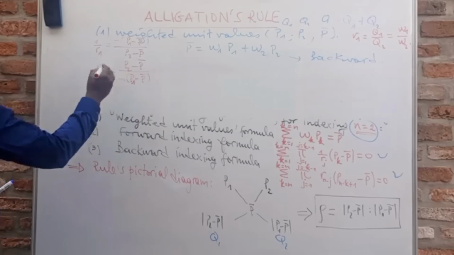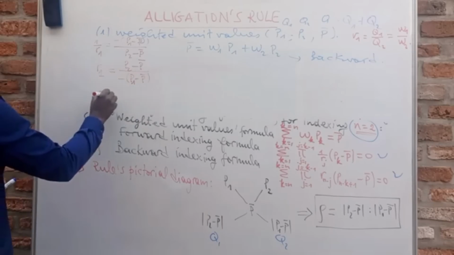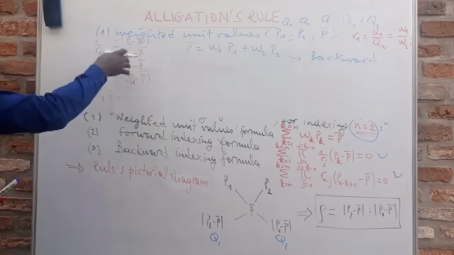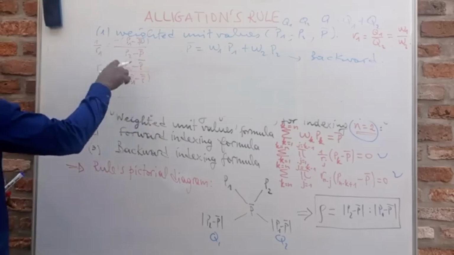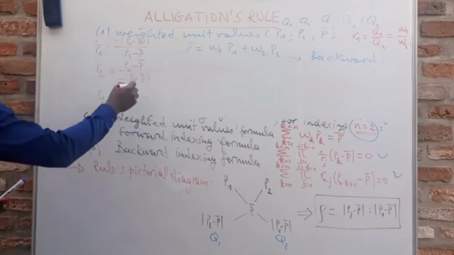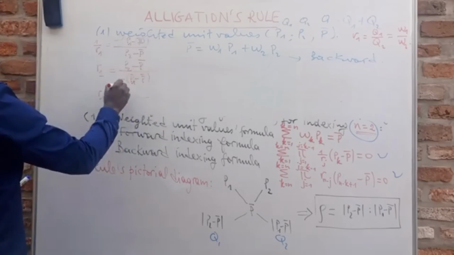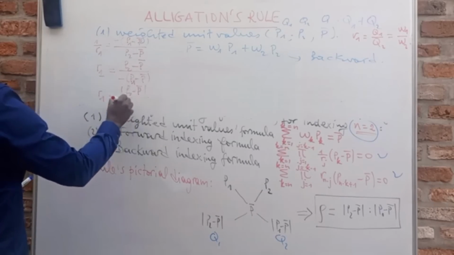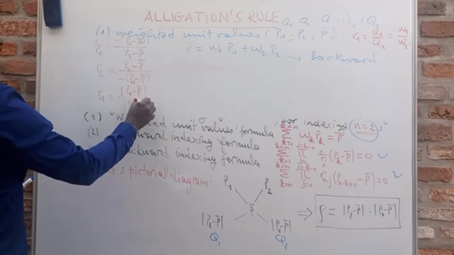And that is R sub 1 is equal to, because we don't know which one is greater between p sub 2 and p sub 1 relative to the mean unit value p bar, we can take absolute value: absolute value p2 minus p bar over absolute value p1 minus p bar here.